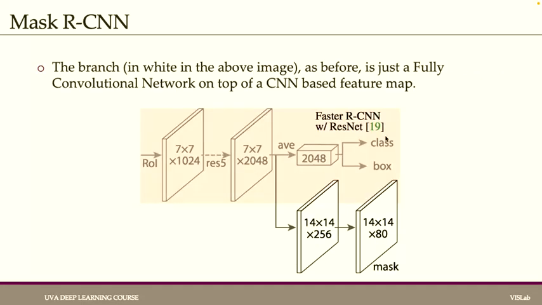But going back to this, the basic idea was the following. You take this Faster RCNN network, and then you again use the features, the deep embeddings, and you apply a neural network on top of these. So first you upsample the spatial resolution to 14 by 14, and then you train this mask.